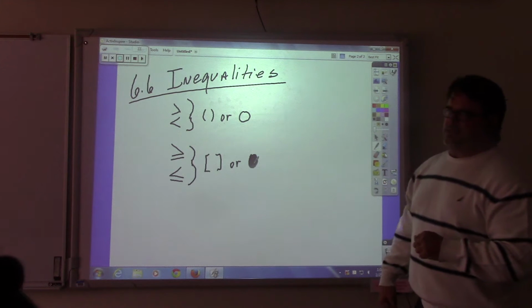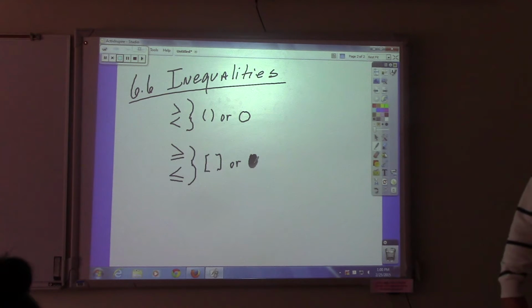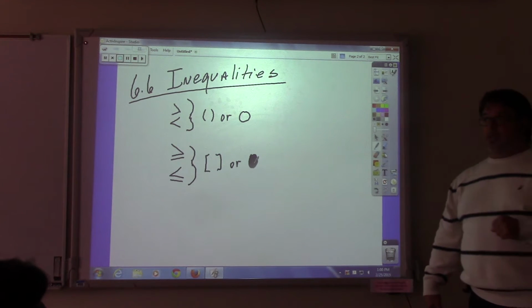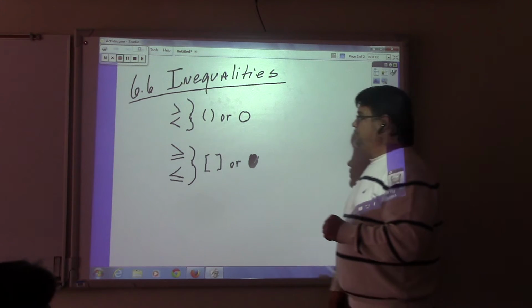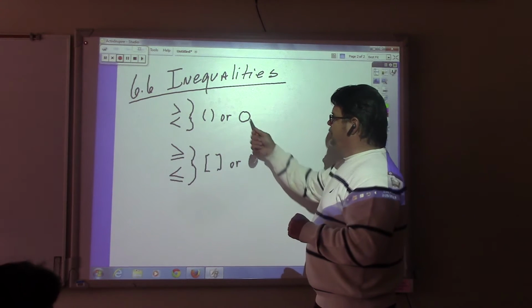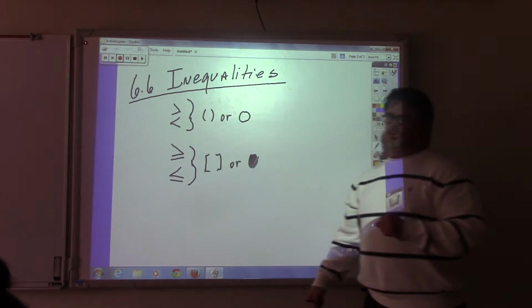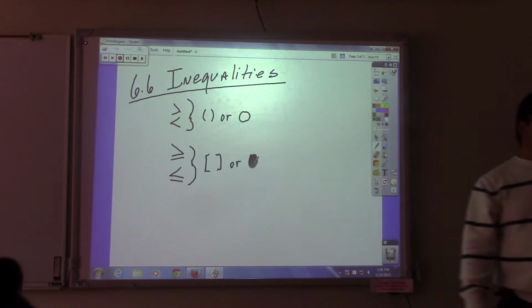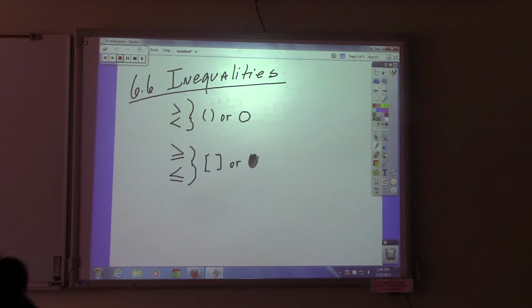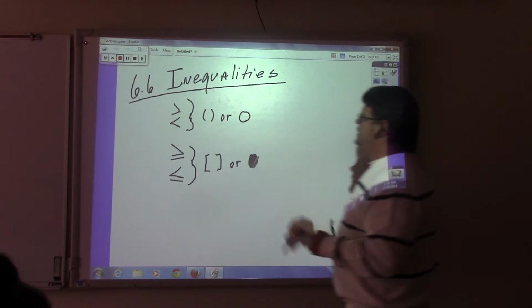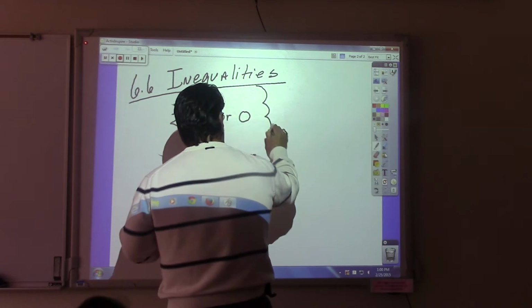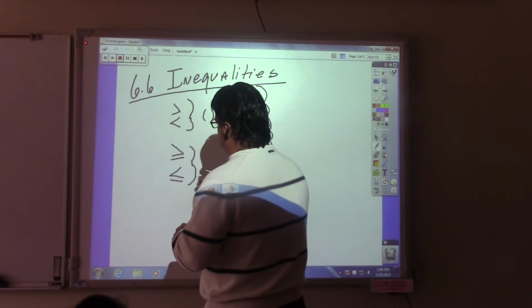Now, what I mean by brackets and a closed circle. Anytime we give an answer to a solution set, that means more than one number, you have to use some kind of location on a number line and some kind of notation, interval notation or set builder notation. And we'll get to that in just a few minutes. So this is the only thing really that you have to learn that's new.